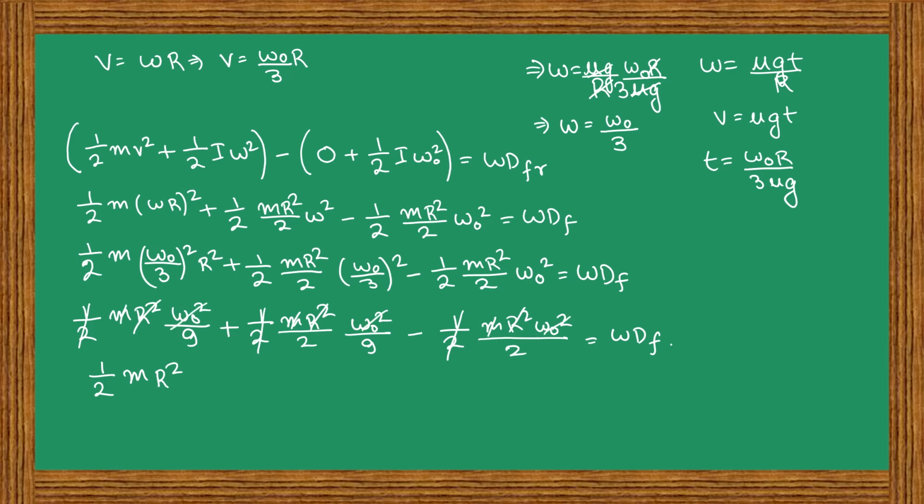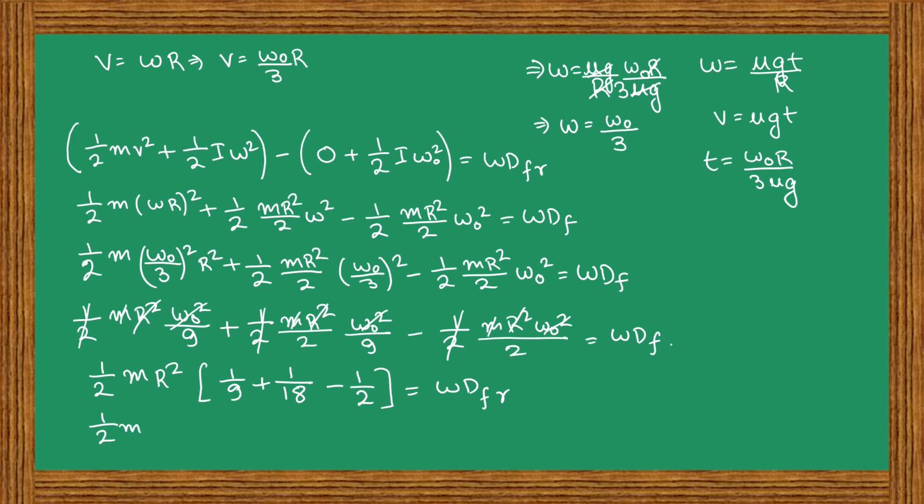Okay, so you are left with 1 by 9 plus 1 by 18, minus 1 by 2.